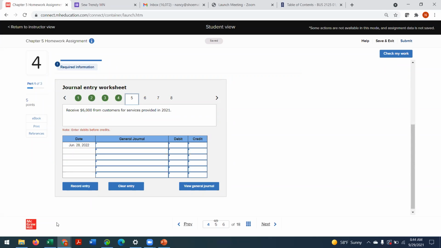Then it says we received $6,000 from customers for services provided in 2021. So in that case, we're going to show cash of 6,000, accounts receivable of 6,000, right?